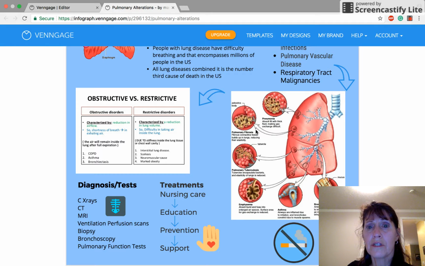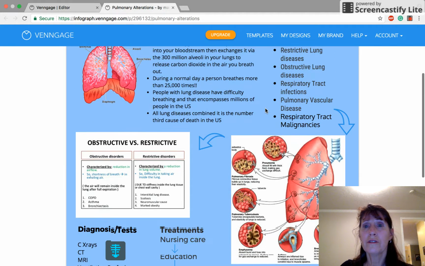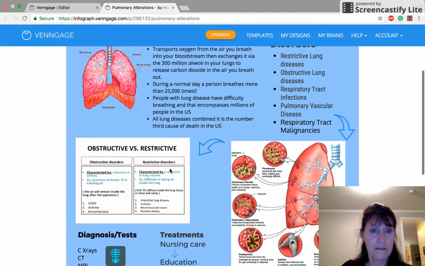Different examples are pulmonary fibrosis, excessive amount of fibrous and connective tissue, acute respiratory distress syndrome, ARDS. That's when you have a terrible respiratory failure due to this capillary membrane, and the alveoli have a lot of damage.